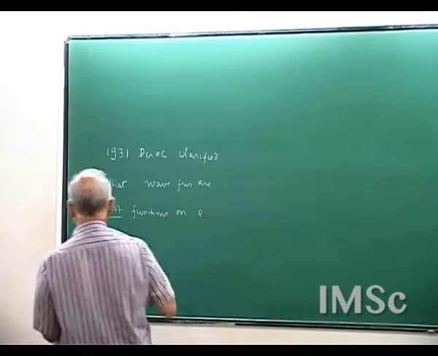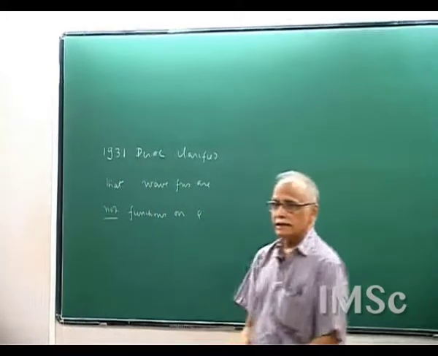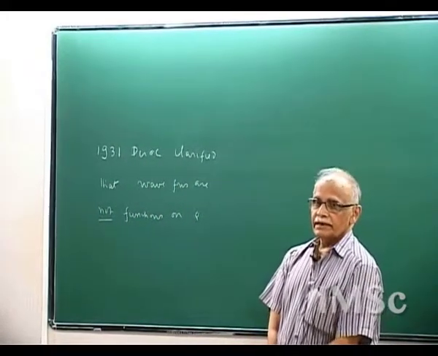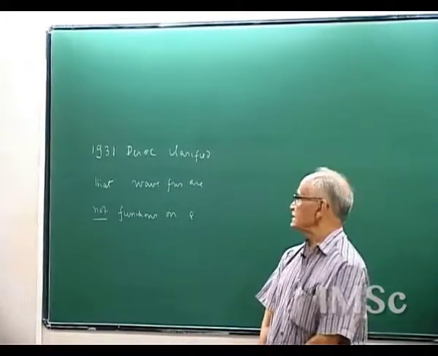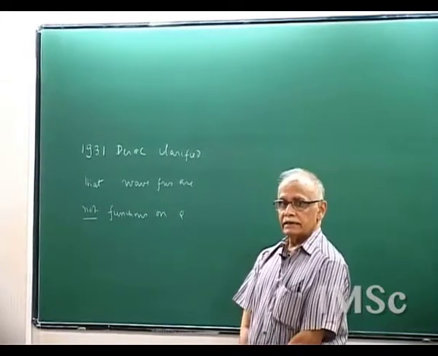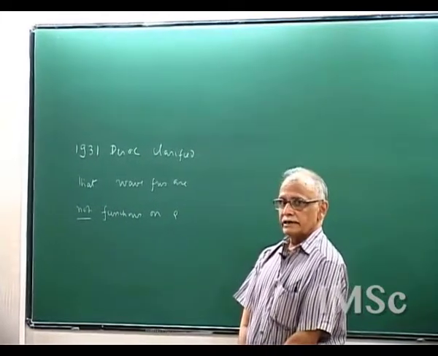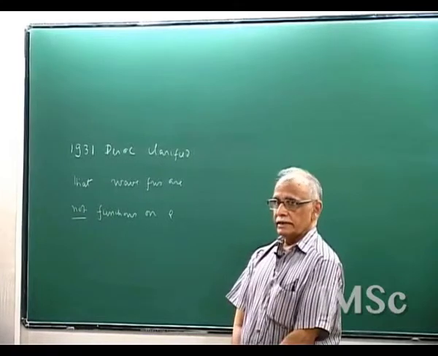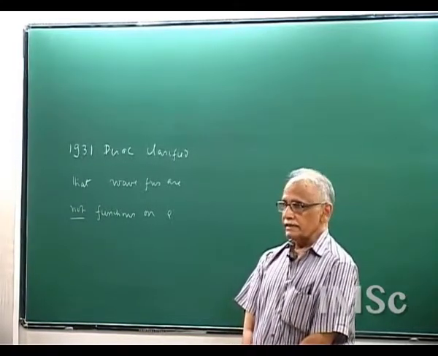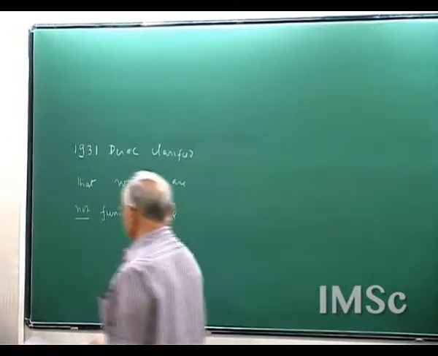I mean functions mean smooth functions, and that is simply not the case. In fact, in his 1931 paper he develops this idea and shows that in ordinary quantum theory you have the possibility of magnetic monopoles.